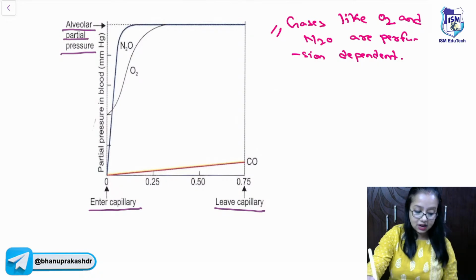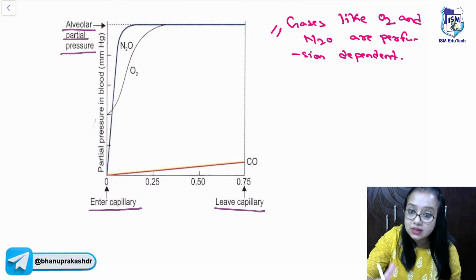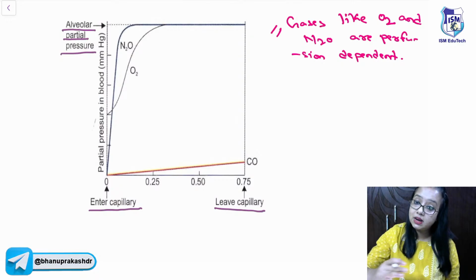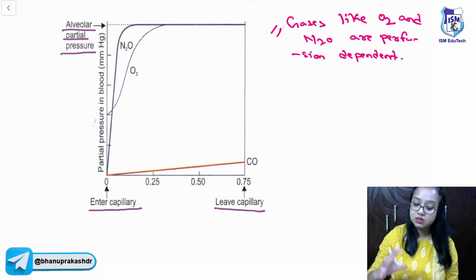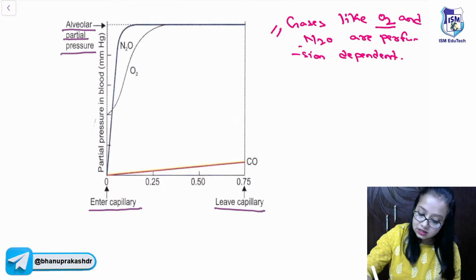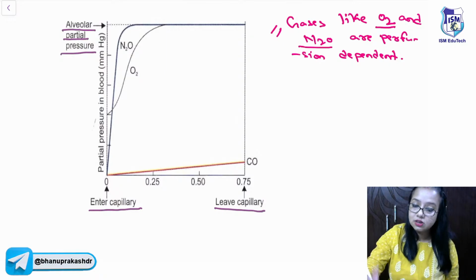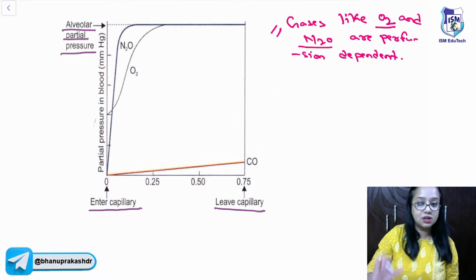So if the blood flow to the alveoli is more, for example in hypervolemia, when the blood flow is more, then gases like oxygen and nitrous oxide will get exchanged across the alveoli more.